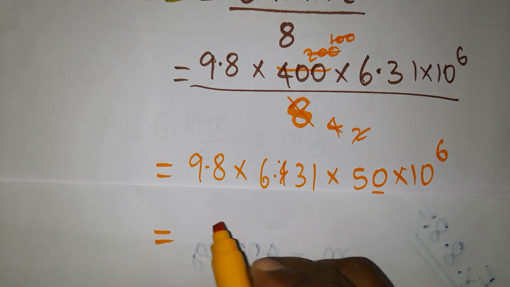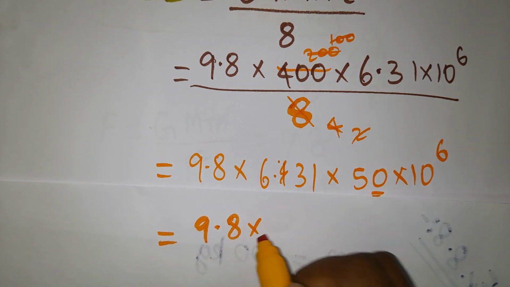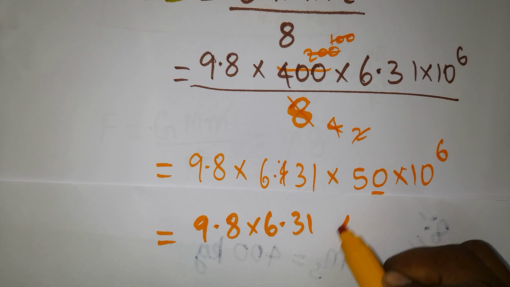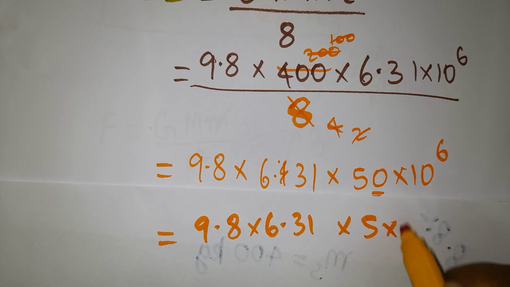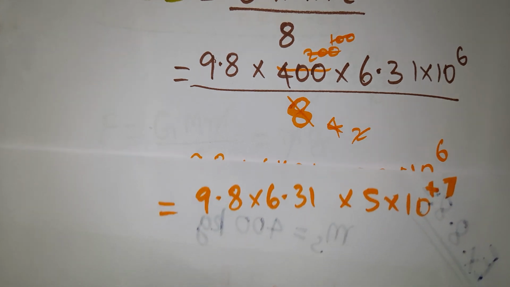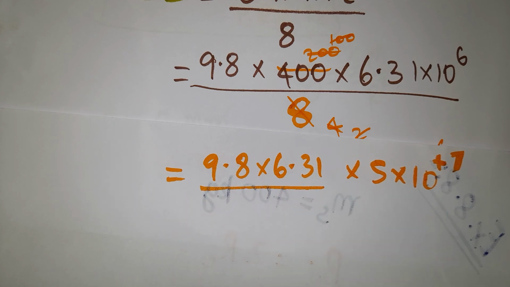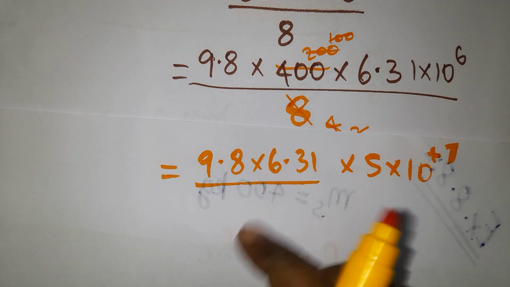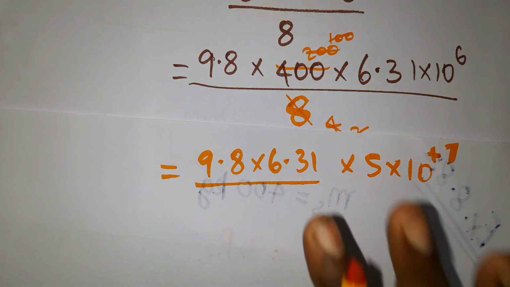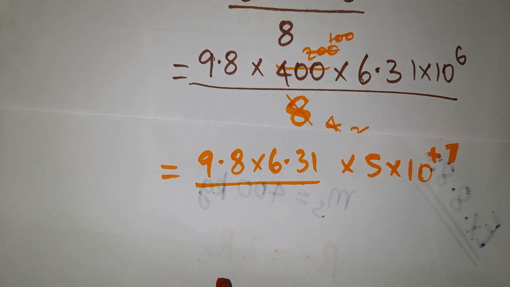So see here, 9.8 into 6.31 into 5 into 10 power 7. Now I am going to do the calculation. If you do this multiplication, 2 decimals are there, 6.3 only you can use, 6.31 no need. Directly you can use 6.3.